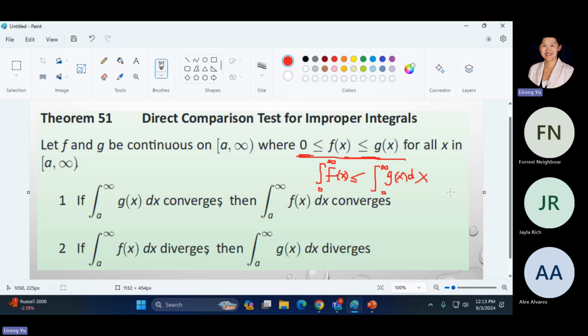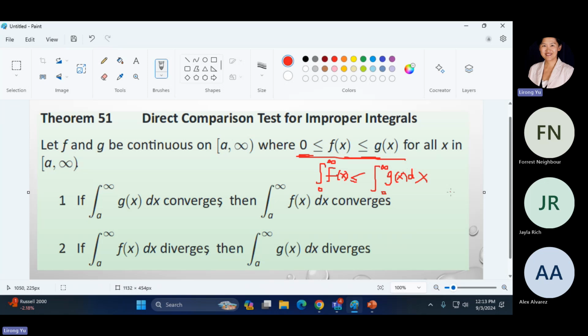Right? So if we have that understanding of comparing functions and integrals that way: if this converges, then that converges. If this diverges, then this diverges. They don't always diverge or converge simultaneously, but sometimes one will give you a conclusion on the other one. But we have to remember that order. For example, if the smaller one converges, it does not guarantee the bigger one converges.